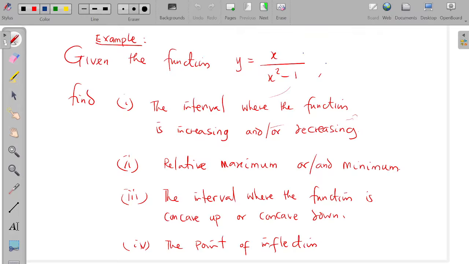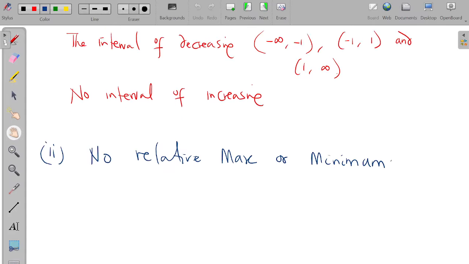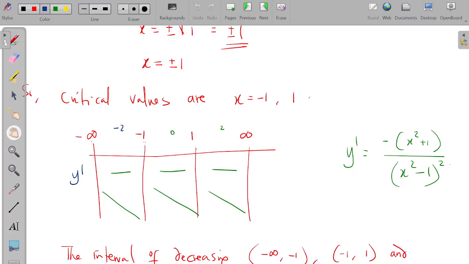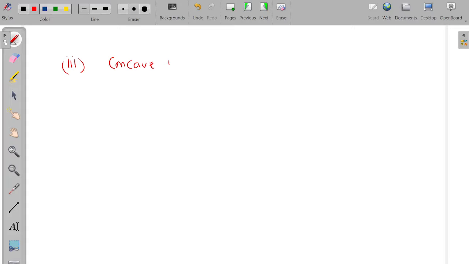Now the next thing is for us to find the interval where the function is concave up or concave down. In order to find this, let's go to another new page. So now we need to find where it is concave up or concave down.